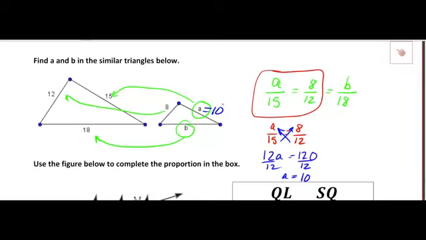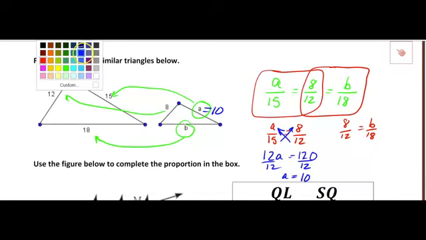I also need to find side B. I need to set up a proportion, pick two fractions so that I can solve for B. So I'm going to pick the ratios 8 is to 12 as B is to 18. I have to make sure that I only have one variable in my setup that I'm solving for. So that's why I chose those two.